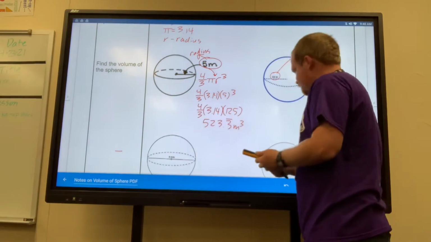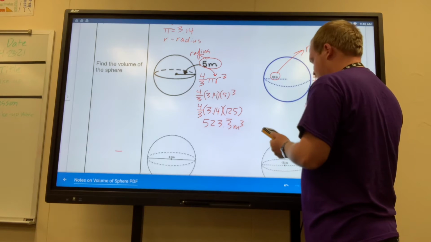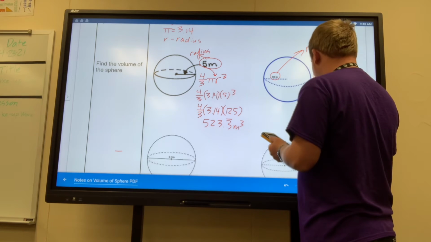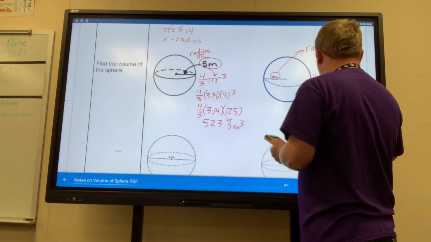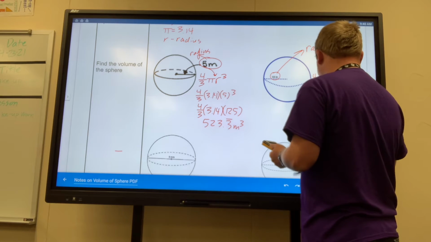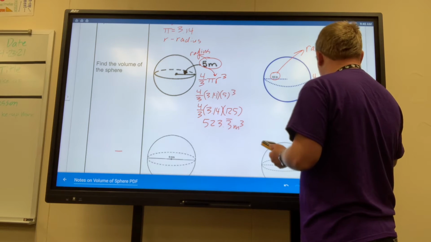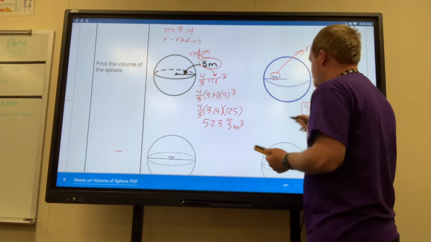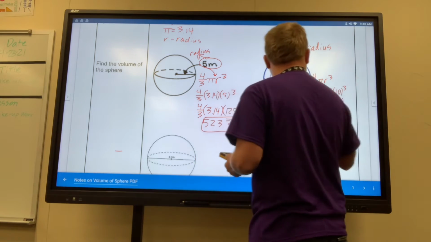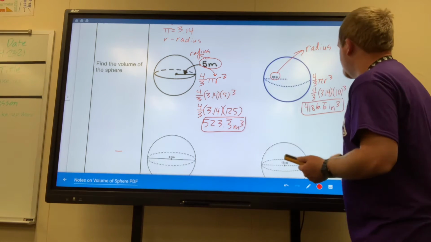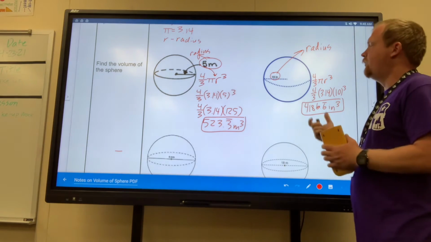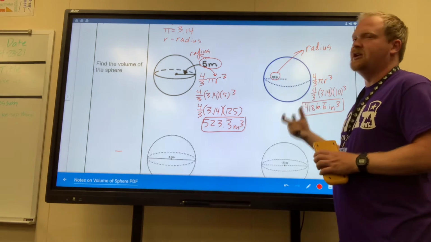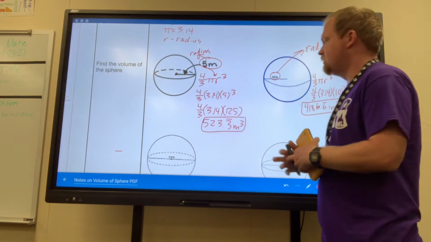So I'm going to enter it. 4,186.6 repeating inch cubed. And that's going to be the volume for a sphere of 10 inches for the radius.